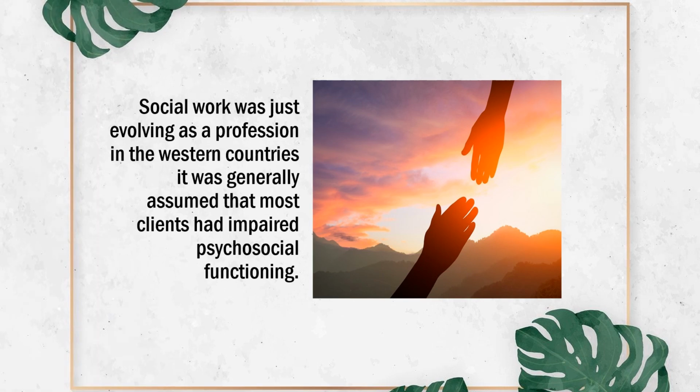In the days when social work was just evolving as a profession in the Western countries, it was generally assumed that most clients had impaired psychosocial functioning. These countries were then industrializing, and it seemed unthinkable then that there were still poor people to be found in the land of plenty.